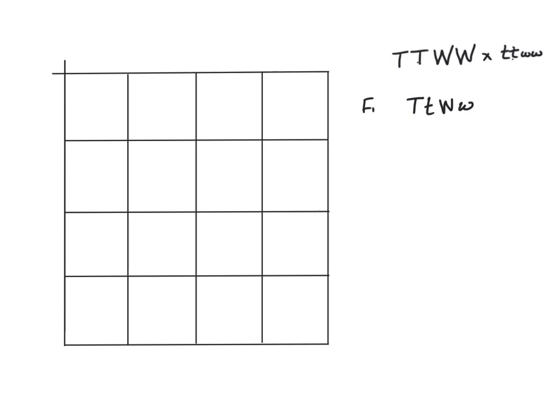So 100% of our offspring in this cross are going to be heterozygous at both loci, and the phenotypes of these guys are going to be tall with round seeds, right? So all of them are going to be the same.